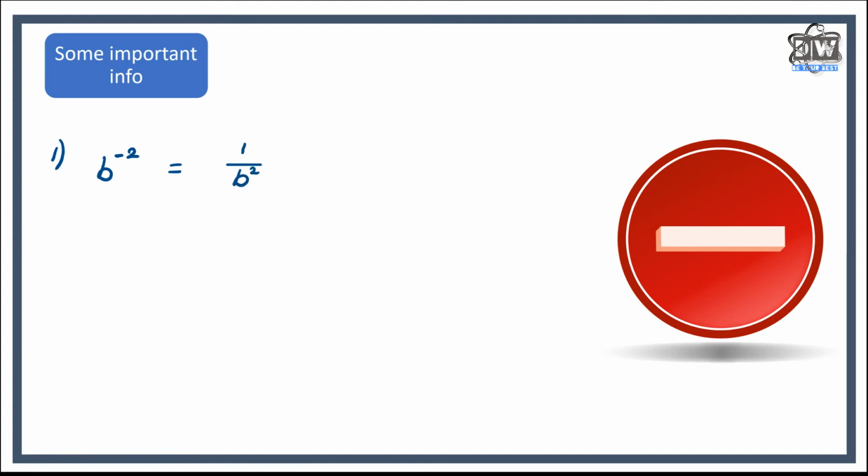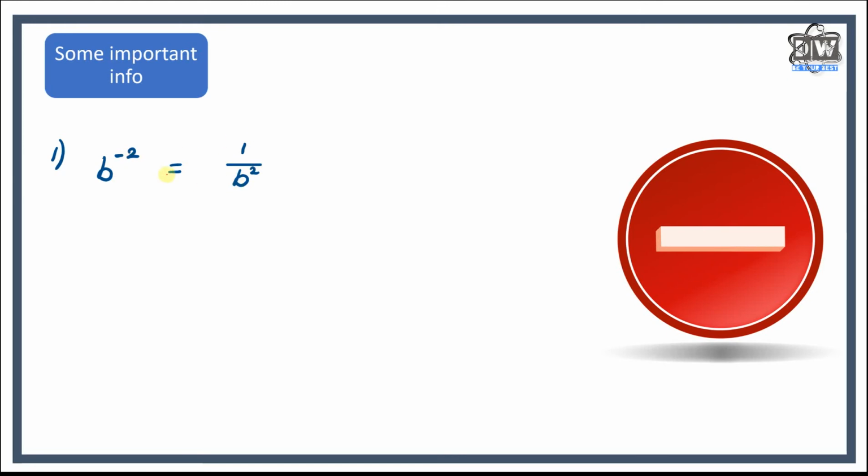Now for me, I always think, well, it's not a million miles away. I've got b, I've got a little line, and I've got the power of 2. Now, this is not mathematical at all, I would stress, but it would hopefully trigger those grey matter to remember what to do with these negatives.